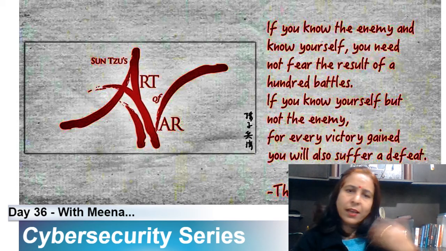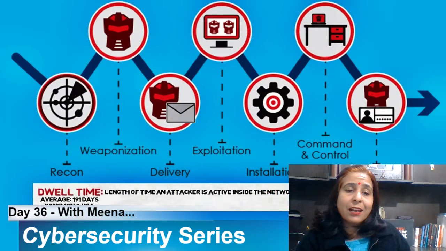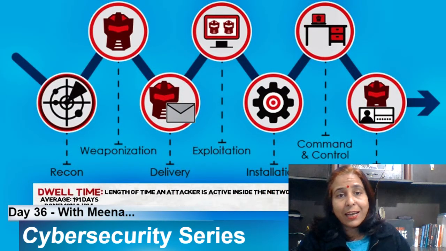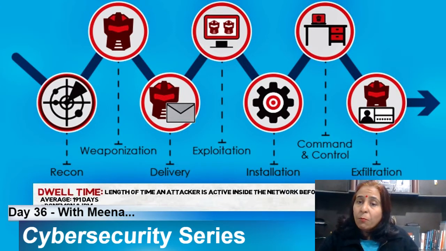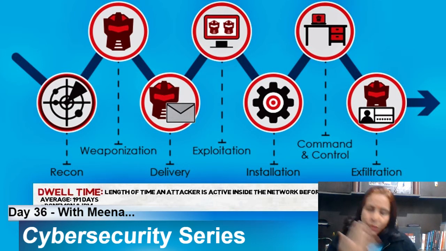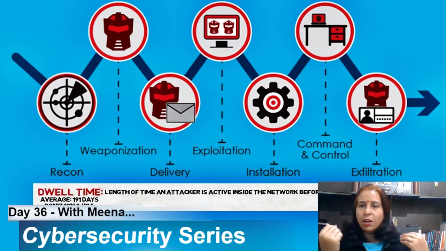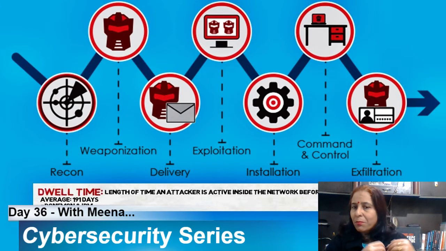So how do attackers think when they perform different types of attacks? There are different stages when an attacker performs an attack. First of all, they decide their motive, what they want to achieve from the attack, whether it's monetary, political, or whether they want to take revenge or damage somebody.